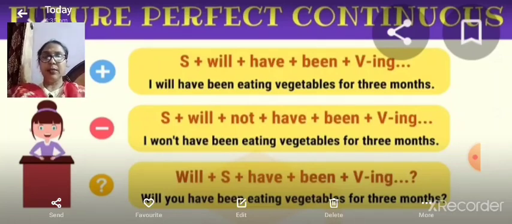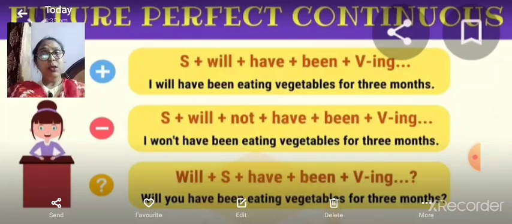Now here you can see in the next line, future perfect continuous tense in negative form. How to put not? Subject will not have been plus verb ing.